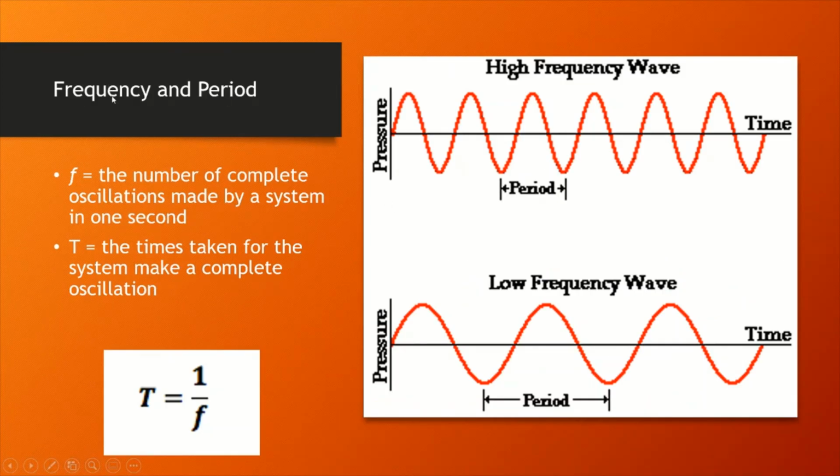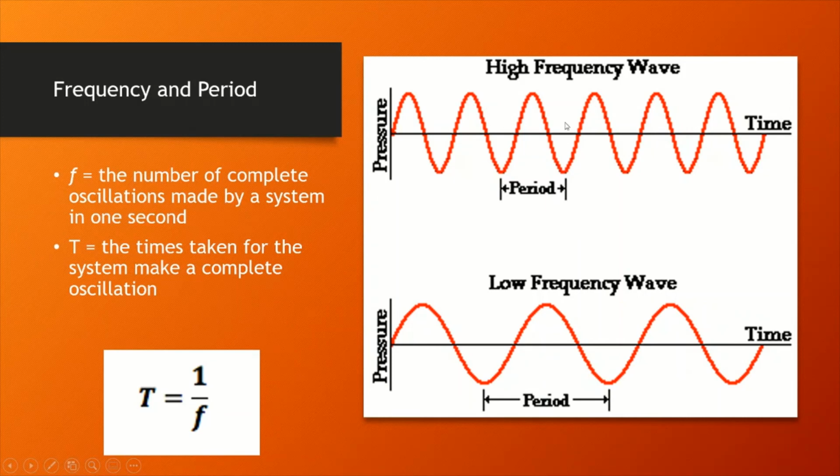Okay, so what is frequency? The number of complete oscillations made by a system in 1 second. But period is the time taken for the system to make one complete oscillation. So these two are related to one another, isn't it? In fact, period, capital T, is inversely proportional to frequency.